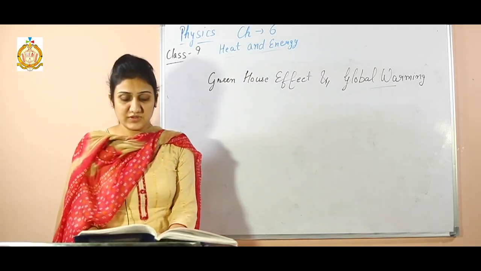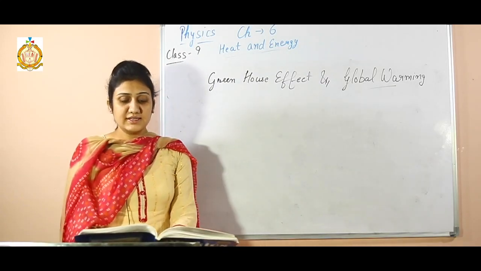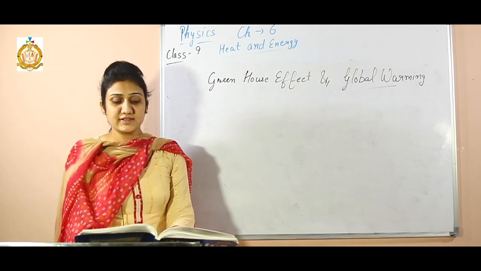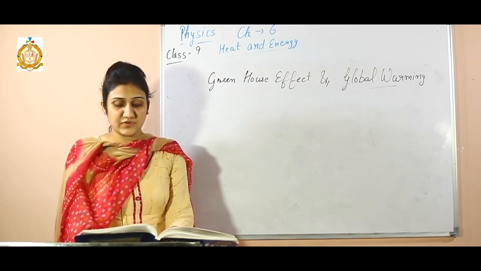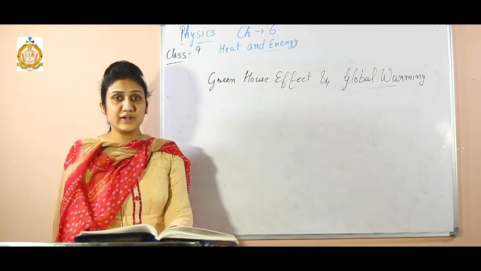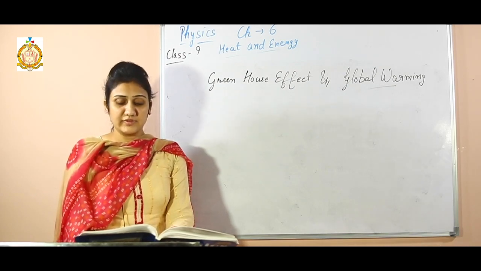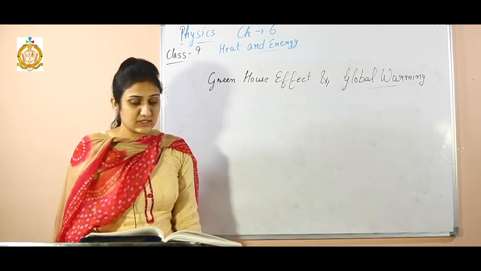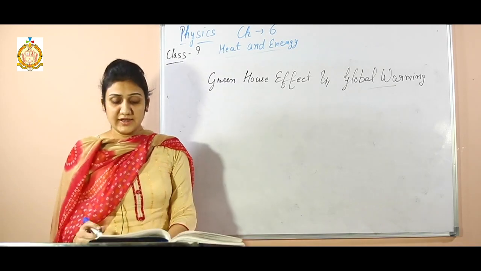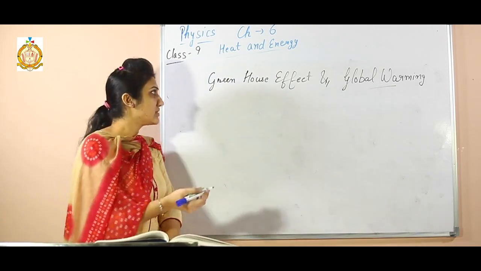So what is greenhouse effect? It is the process of warming of Earth's surface and its lower atmosphere by absorption of infrared radiations of long wavelength emitted from the surface of the Earth by greenhouse gases. What are greenhouse gases?